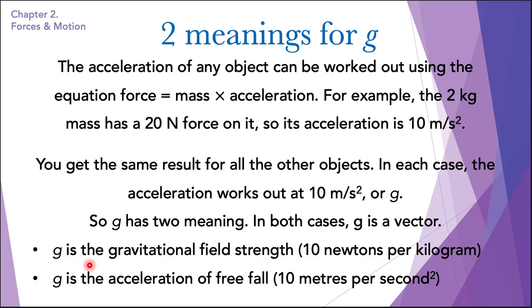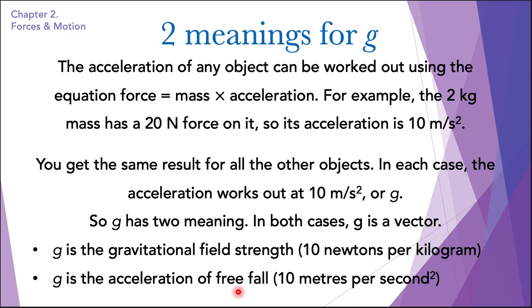It is very important for us to understand the two meanings for g so that we don't confuse them. g can be called the gravitational field strength, which is 10 newtons per kilogram. No matter if the object is heavy or light, the gravitational field strength would be 10 newtons per kilogram. And g is also the acceleration of free fall, which is 10 meters per second squared.